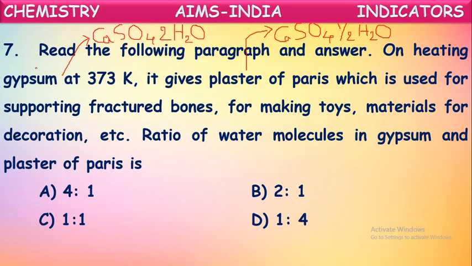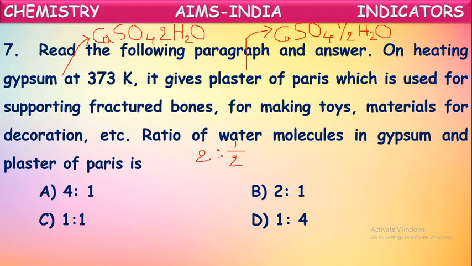Now if you observe the number of water molecules in both, gypsum, CaSO4·2H2O, contains two water molecules, and plaster of Paris, CaSO4·½H2O, has half a molecule. In each molecule there is one half water molecule. Nothing but two calcium sulfate molecules are held by one water molecule, so half a water molecule is represented in the formula.